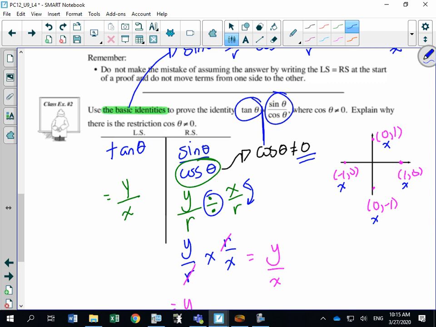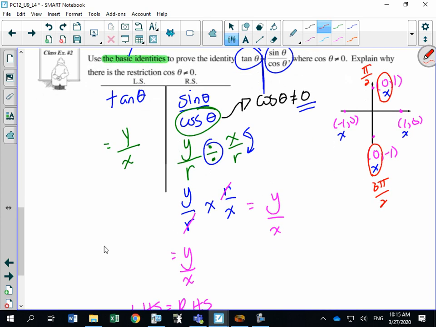And this identity would be undefined whenever x is equal to 0, and that would be at pi over 2 and 3 pi over 2. So later on in lesson 5, we'll talk about how cos can't be equal to 0, so this identity would be undefined at pi over 2 and 3 pi over 2, and how we'll write that will be in lesson 5.